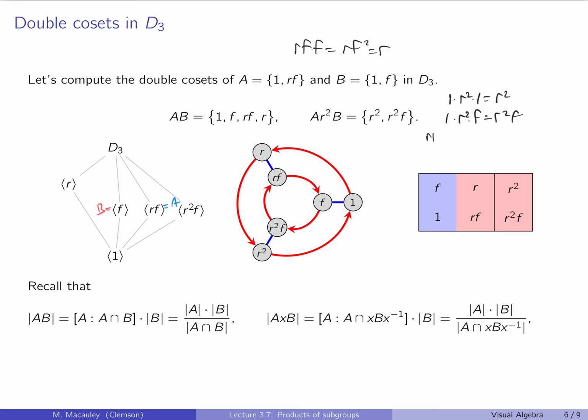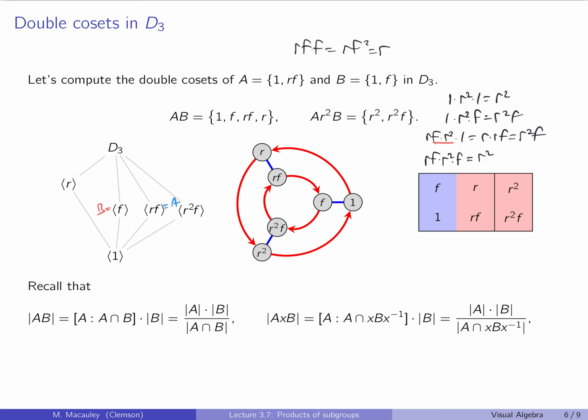RF times R squared times 1 equals, remember we can write FR squared as RF, so that's R times RF, which is R squared F. And then RF times R squared times F, which is R squared. So yes, these four products just give us two elements.